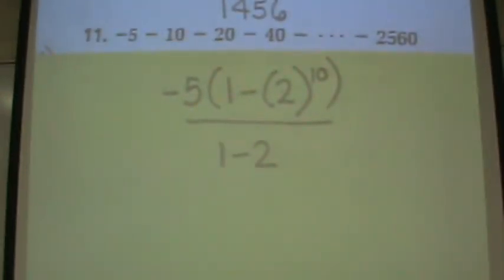Negative 5, parentheses, 1 minus 2 to the 10th, over negative 1. What'd you get? 5,115. Negative? I got positive. I got negative.